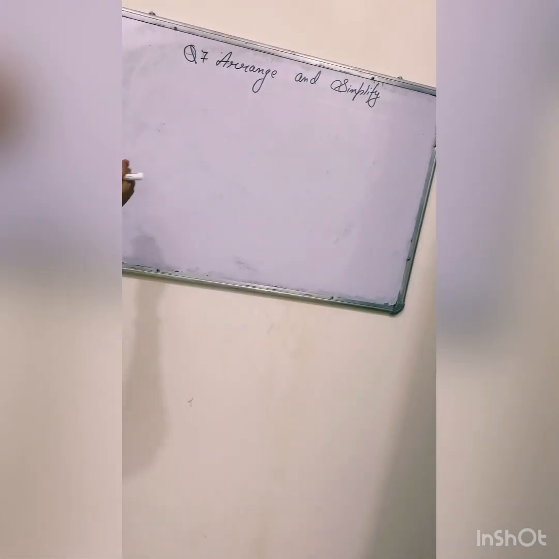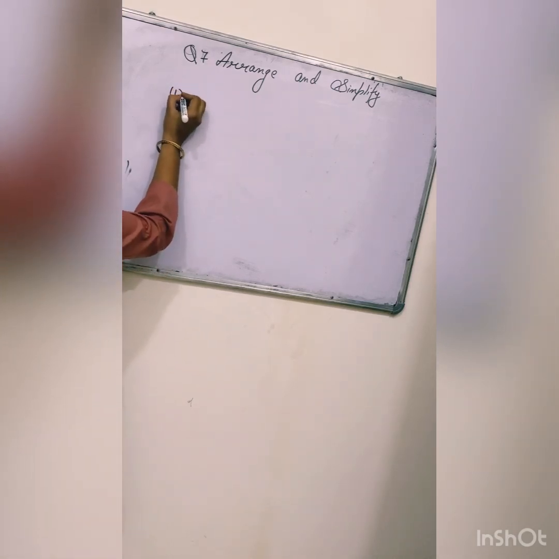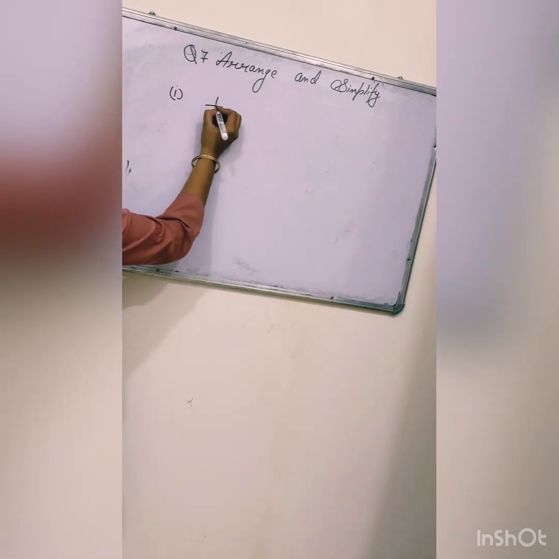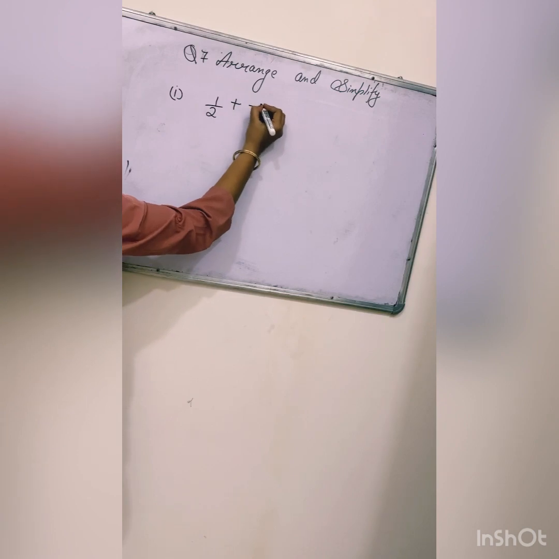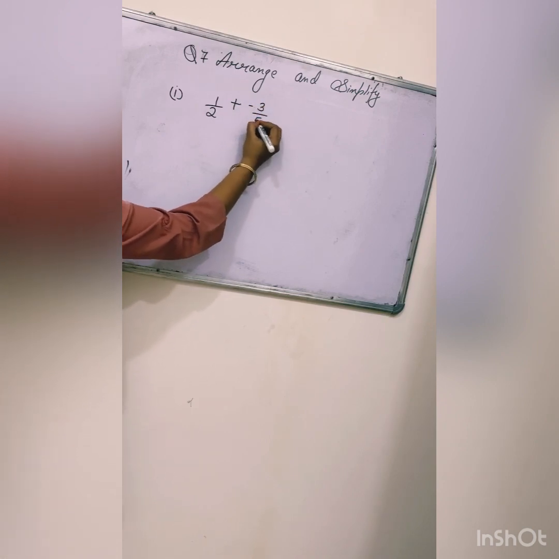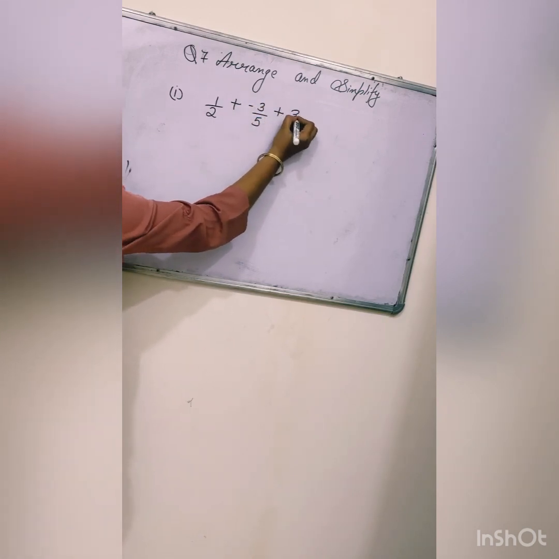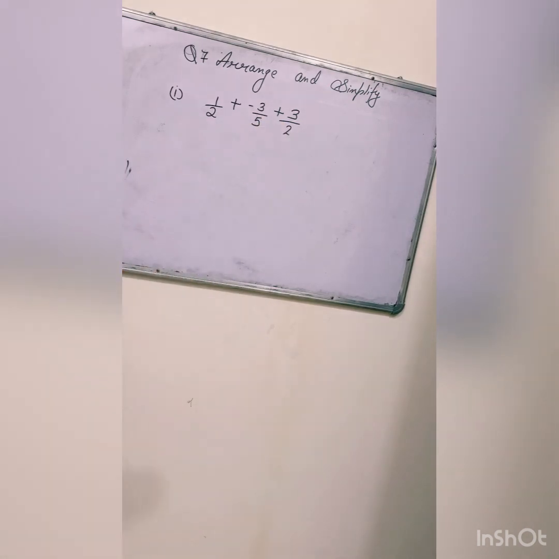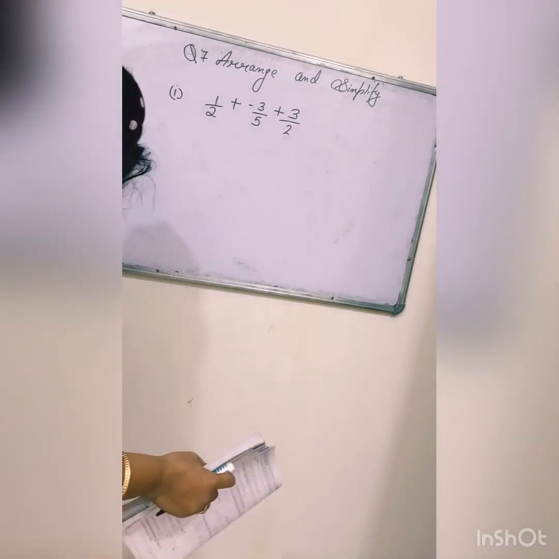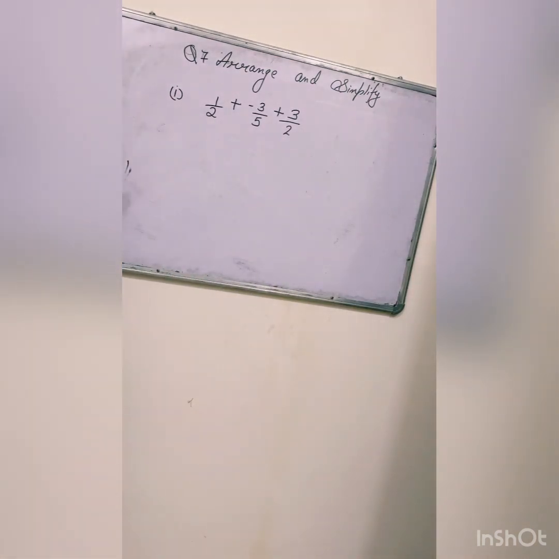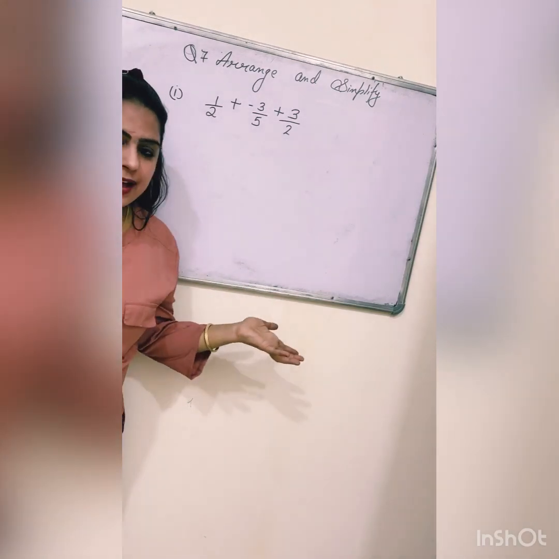We'll start with the very first part. The first part is 1 upon 2 plus minus 3 upon 5 plus 3 upon 2. See, it is written arrange and simplify. One is simplify, that we have done in question number 3. We simply do the solution and get the answer.